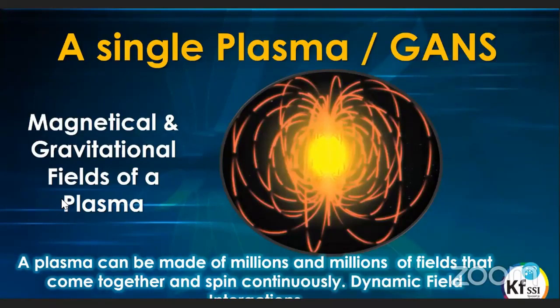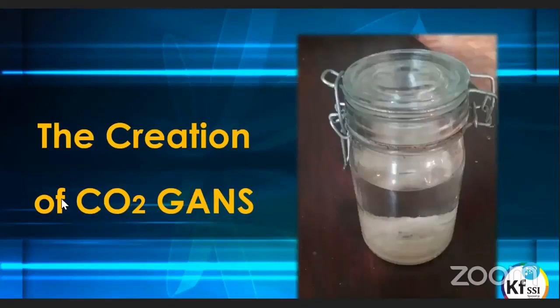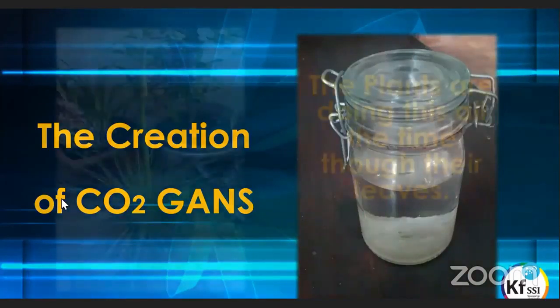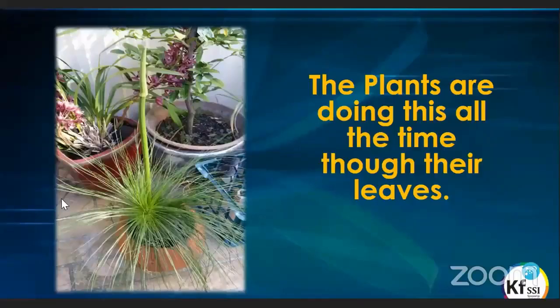Right, so now we'll go on to the creation of CO2 GANs. And the plants all around us are doing this all the time through their leaves. So it's nothing new. It's just something that we've never understood.